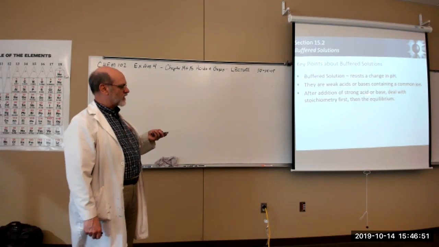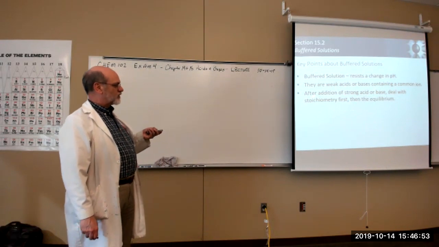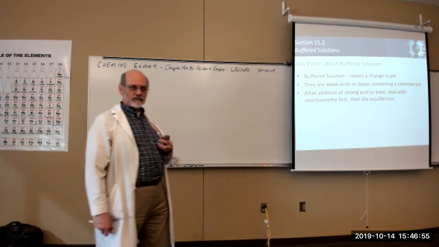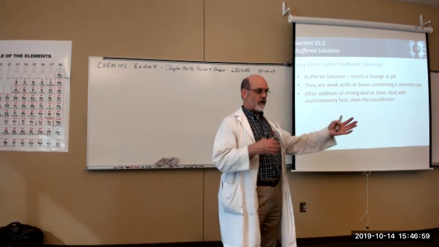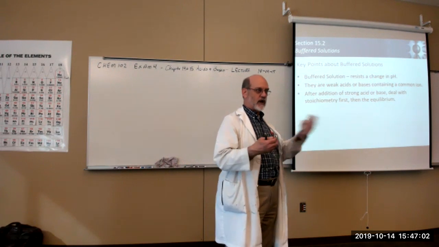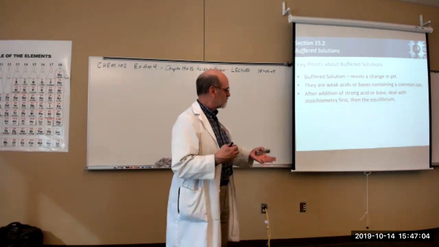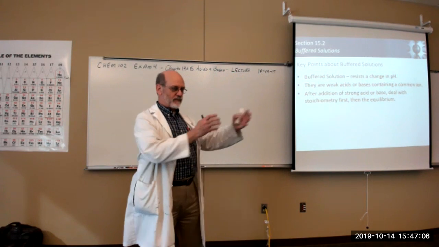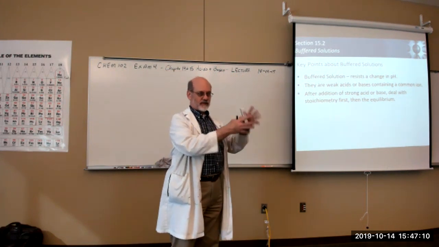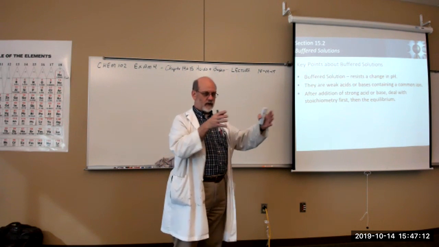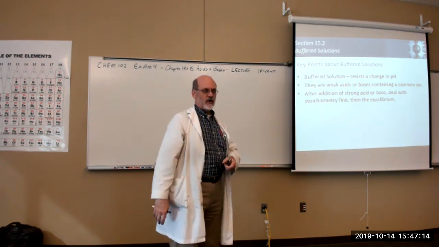When you add a strong acid or a base, first you deal with stoichiometry, which means you go as far as it will go, one direction or the other, depending on what you add. Then once you reach that point, you let equilibrium take over, and it shifts to the equilibrium state. That's when you answer your question.